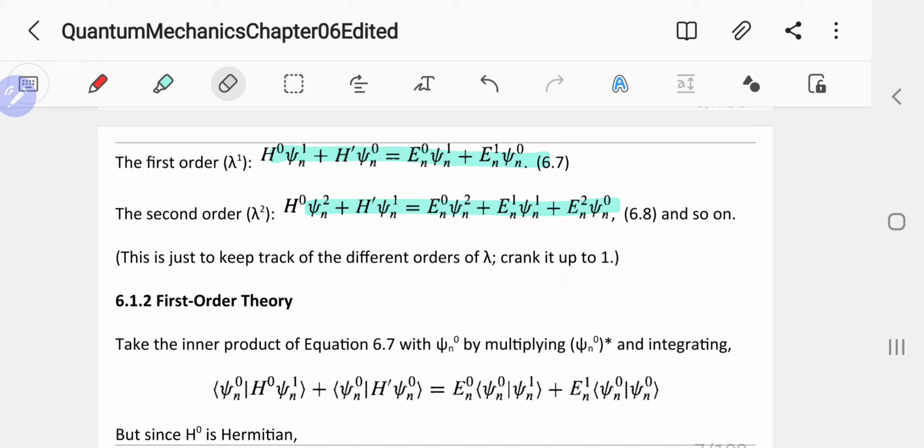So we take the inner product of 6.7 by phi n0.